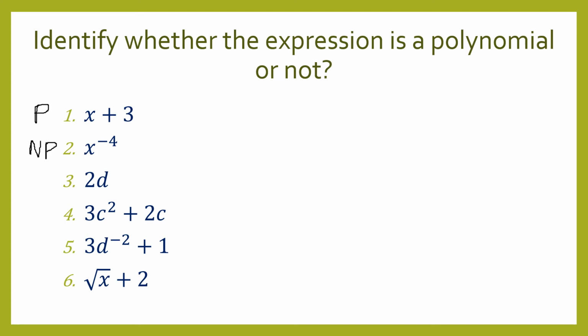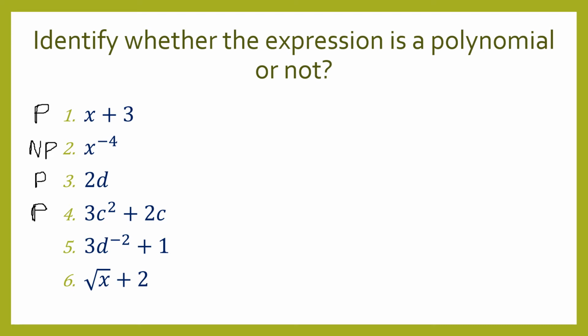Number 3, 2d. So, 2d is a polynomial kasi wala namang na-restrict. Number 4, 3c squared plus 2c is also a polynomial. Number 5, 3d raised to negative 2 plus 1. So, meron siyang negative exponent.